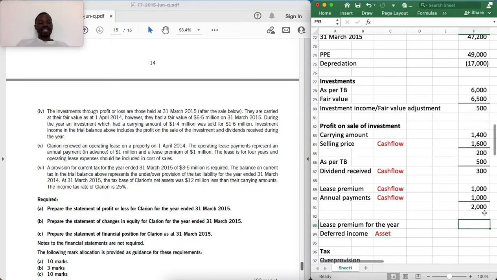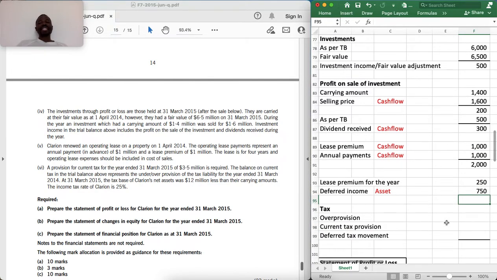It should be amortized over 4 years. So we'll simply say this divided by 4. So during this year, we should only recognize 250 out of that. So how much should be deferred? We say 1,000 minus 250. So the 750 should be deferred. It's an asset, a deferred income. It's an asset now, or a lease premium asset. It should be deferred. So this 750 again needs to be split between current and non-current.